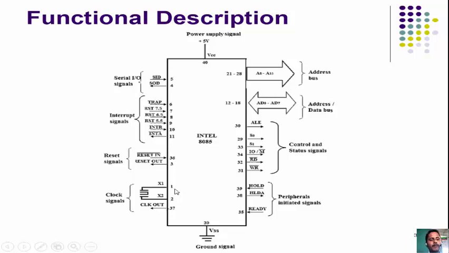Then what is the use of pin number 37, that is clock out? Suppose an 8085 based system is there and some other ICs are connected with the 8085 IC. At that time, if another IC requires 3 megahertz, we can directly connect the clock out pin to the clock in pin of the other IC. This is the main use of the clock out pin.